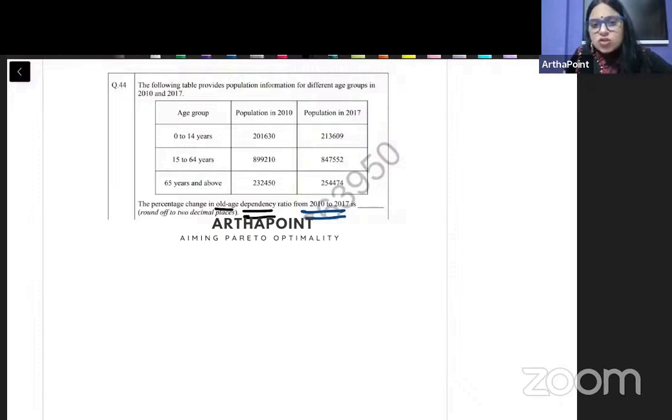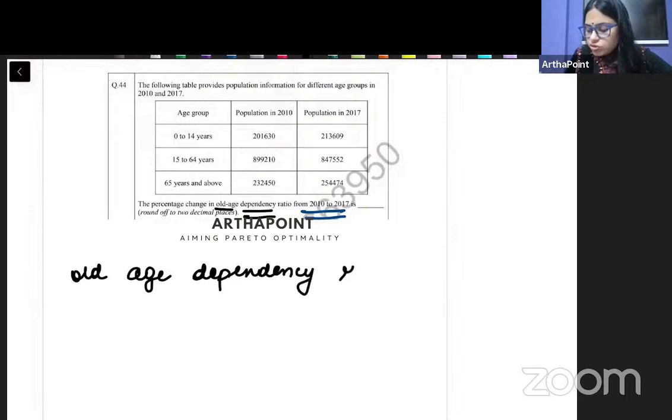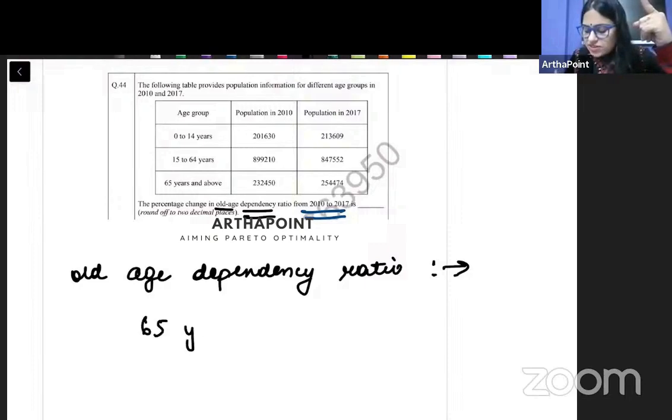So first of all, tell me, how can we write old age dependency ratio? Those people who are in the old age divided by those people who are independent. So who will be the people who are in the old age? Population who is above 65 years.